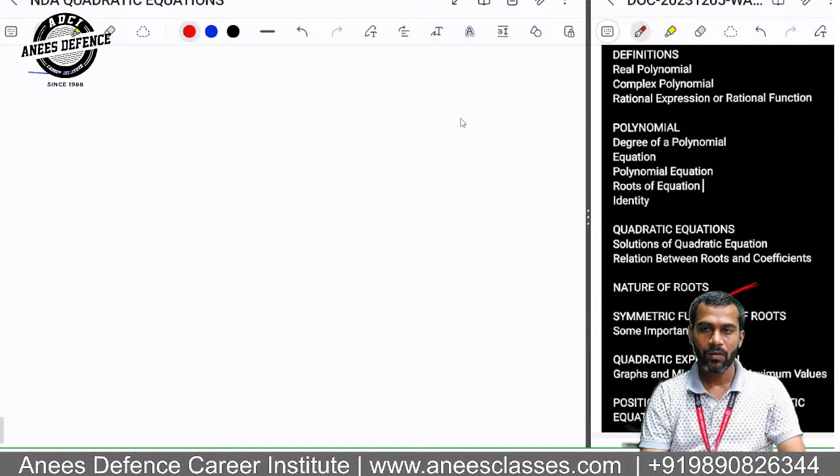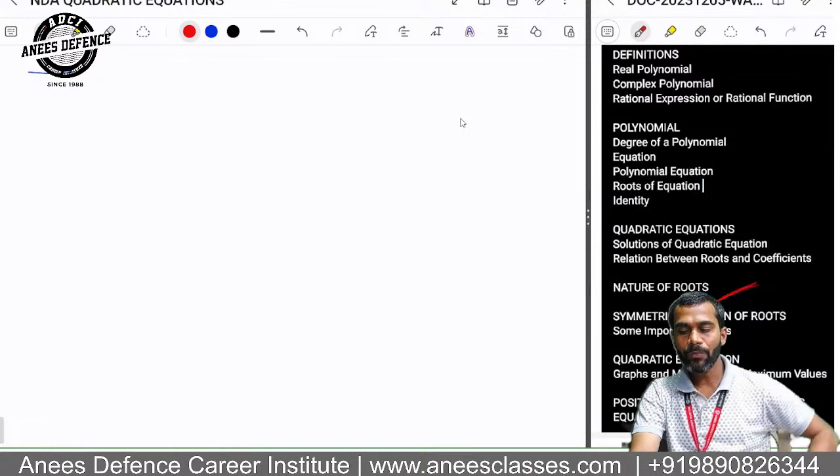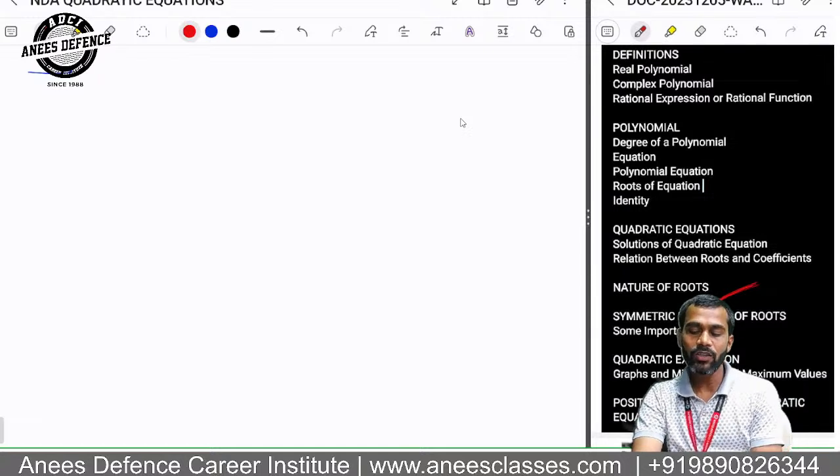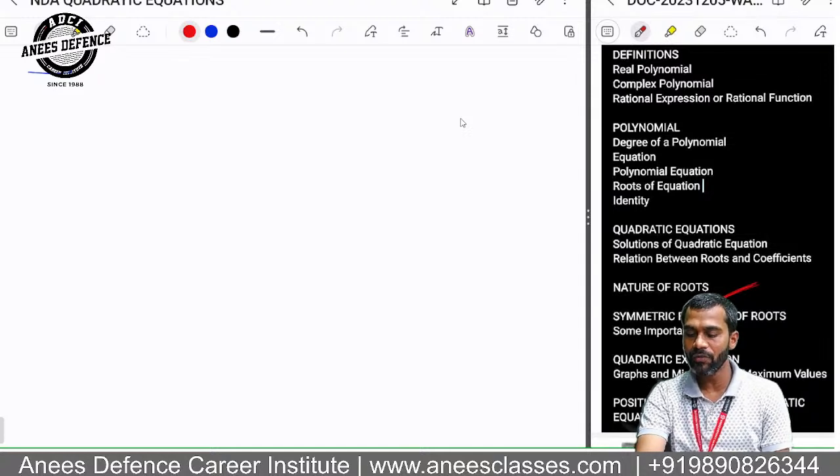Okay, so please note it down. I mean, this is the contents. Everyone has to write all these points, and then we'll see. We have to cover till nature of roots. Although we have covered almost 80 to 90% of today's target, till nature of roots. So we have to cover only nature of roots and the relation between roots and coefficient.